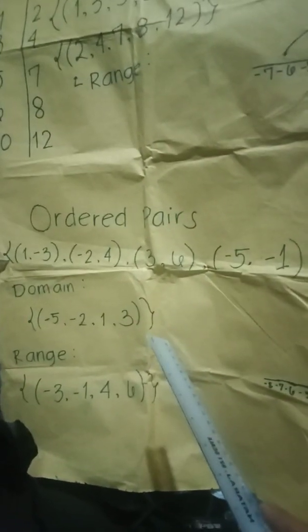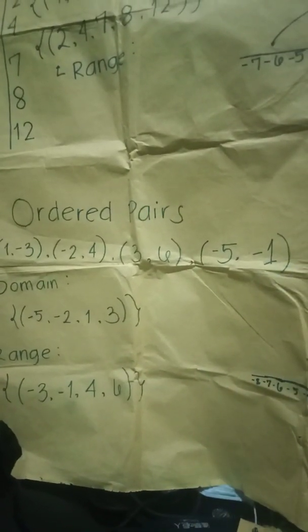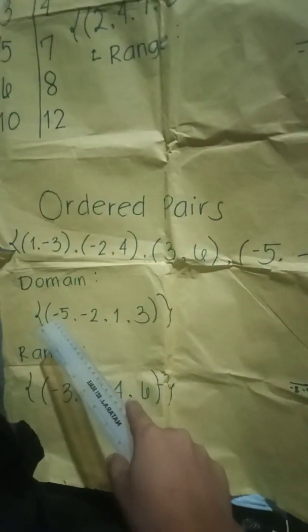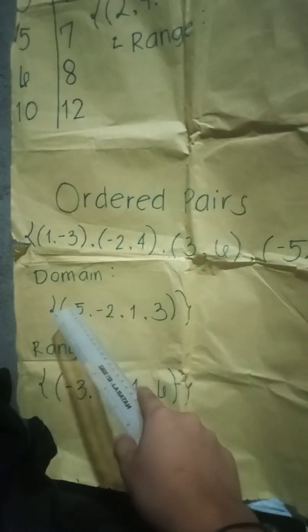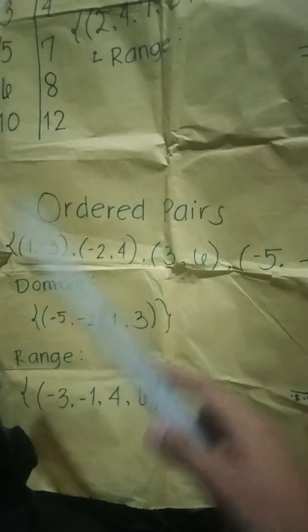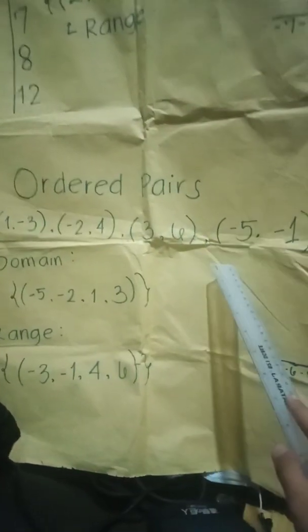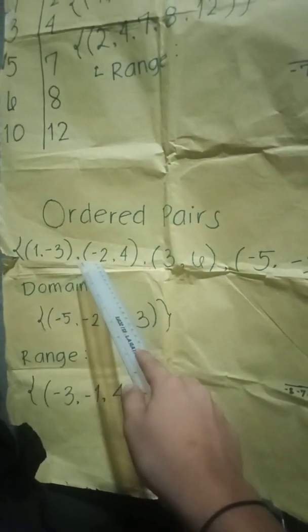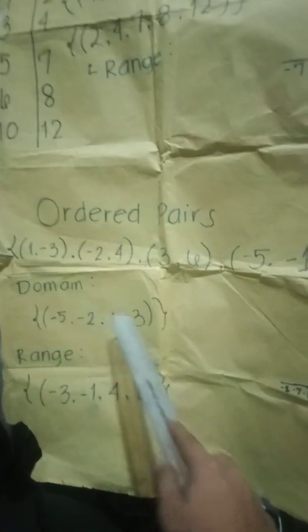But here, as I said earlier, when it comes to negatives, the biggest-looking number is the smallest. So that's why it's -5 first, and then -2, and then so on, 1, 3. It comes to positives, 1, 3, right? So the domain is -5, -2, 1, 3.